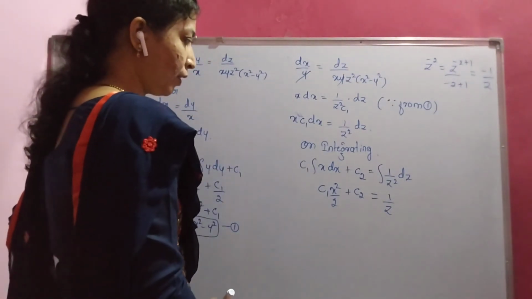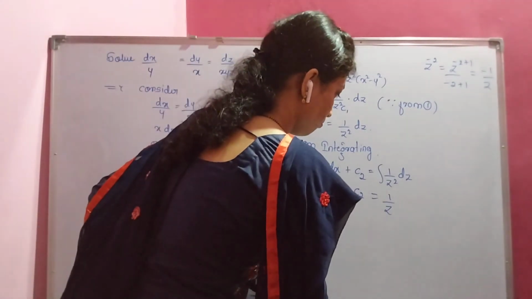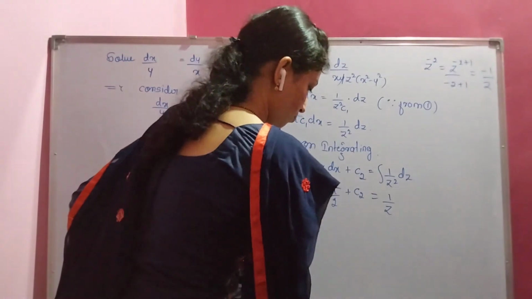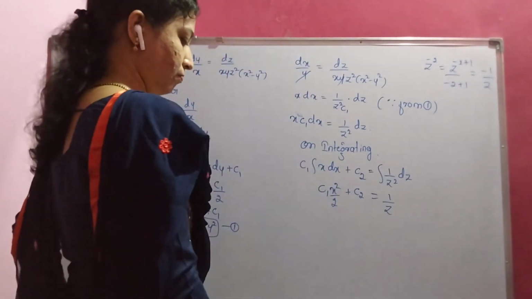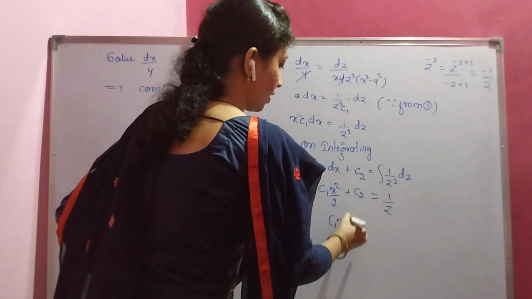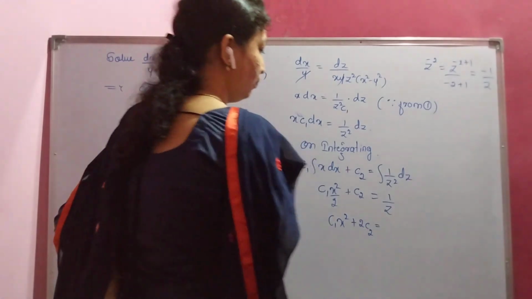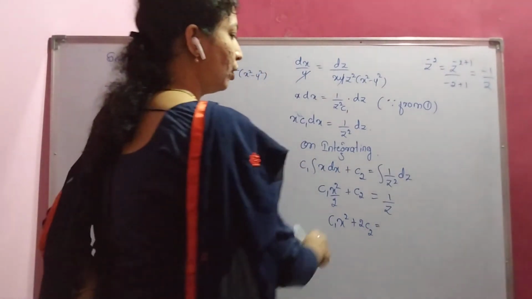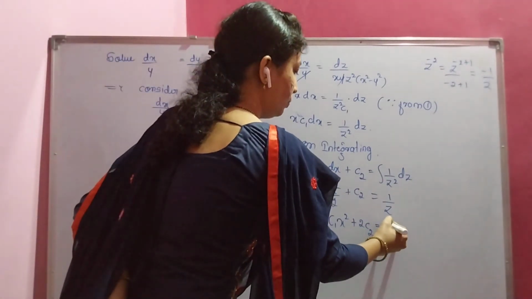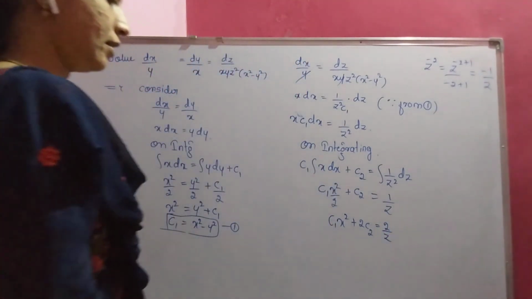Then next we can write c1 x square by 2, take the LCM, so it is plus 2c2 is equal to 2 divided by z.